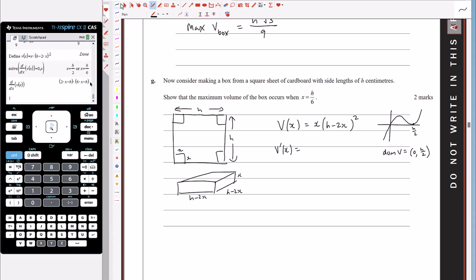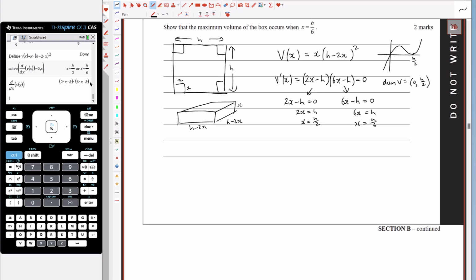Okay, so I would get my derivative is 2x minus h and 6x minus h, and that's going to have to equal 0. And so that means 2x minus h equals 0. And so x equals h on 2. And 6x minus h equals 0. So x equals h on 6. So it can be seen from the graph.